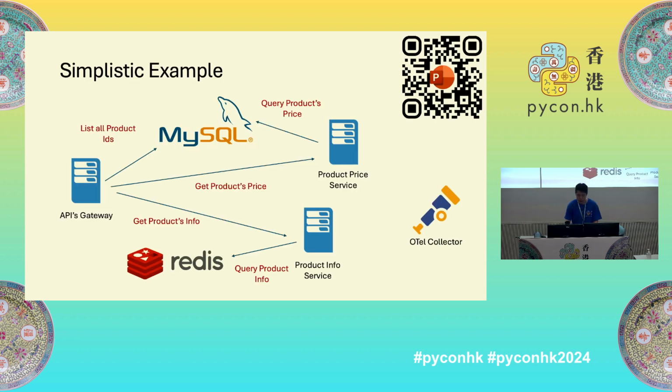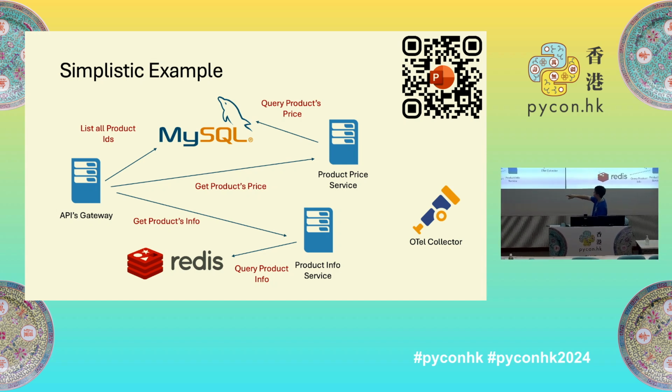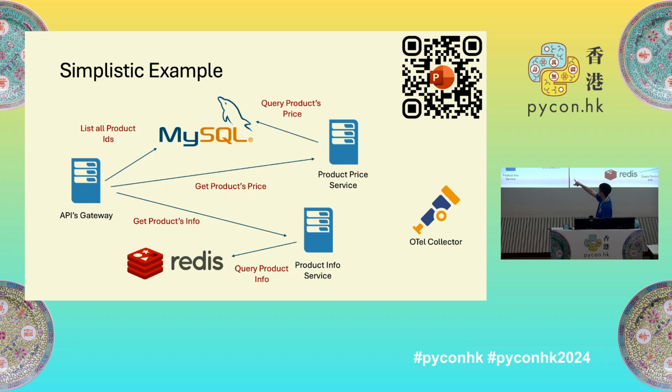So what about having a look at a simplistic example? I think it's actually quite simplistic already, but maybe you find it difficult. So at the heart of it, the API gateway is sending requests to MySQL, the product price service, and also the product info service.